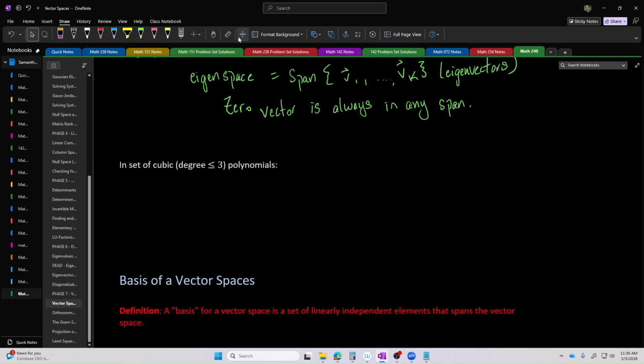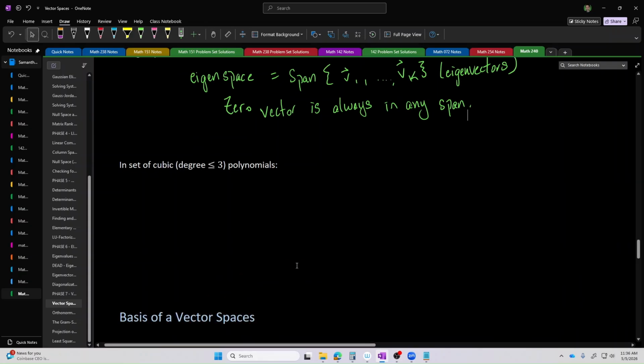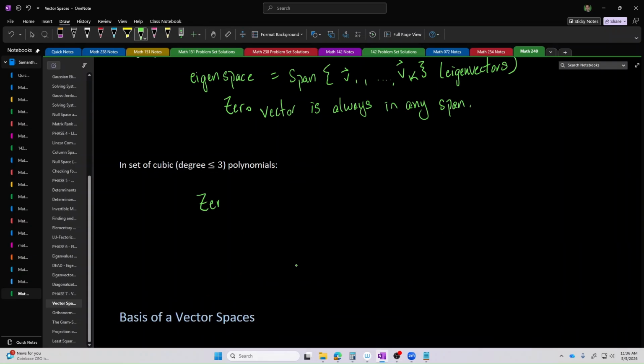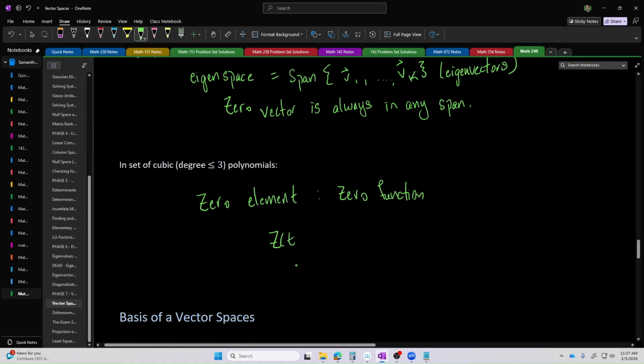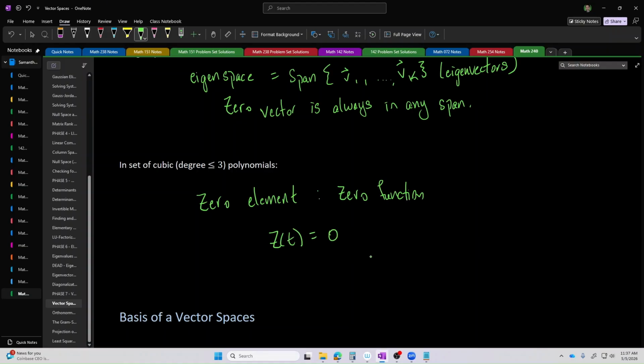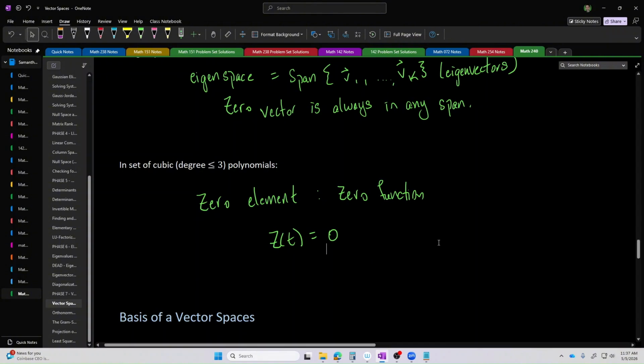And in the set of cubic polynomials, the zero element would just be the zero function, z as a function of t equaling 0 at all times. The zero function counts as a polynomial of degree less than or equal to 3. So the zero function forms the zero element in this set.